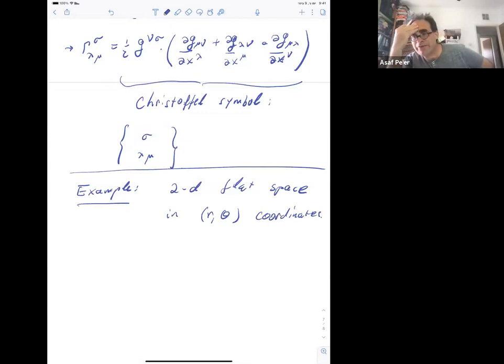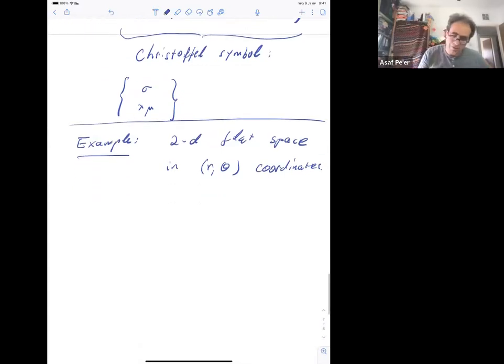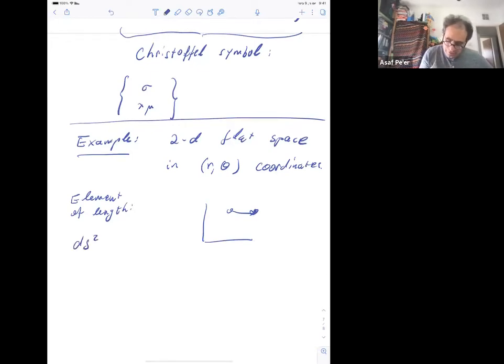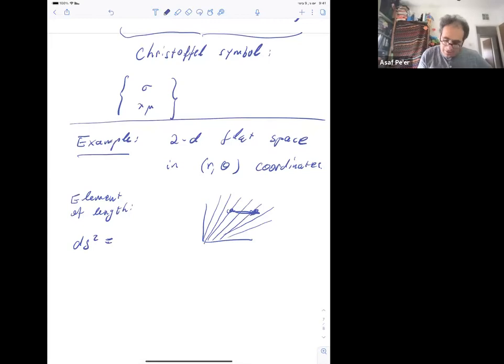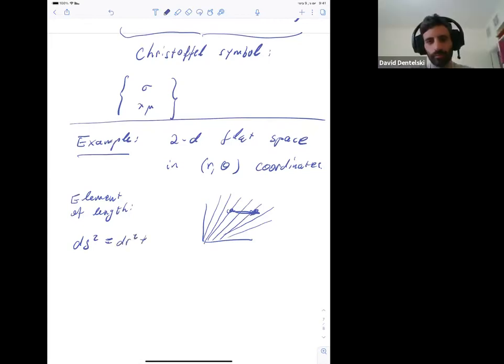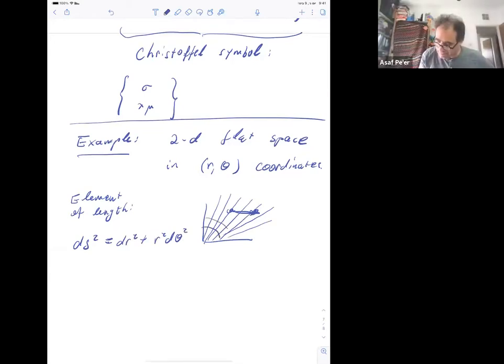So what is the element of length in a 2D space which is written in r, theta coordinates? ds squared is equal to what? dr squared plus r squared d theta squared. Right? Excuse me for my bad drawing ability.